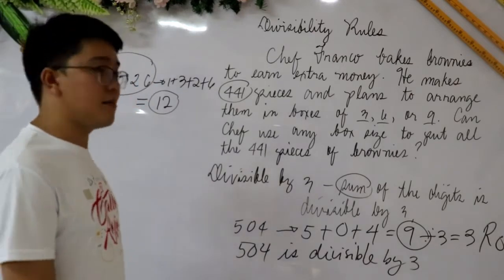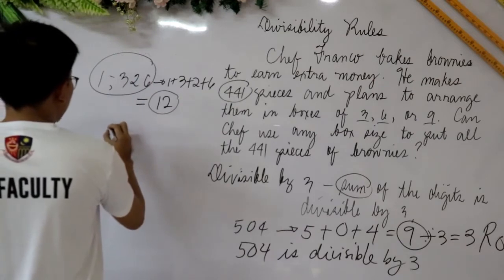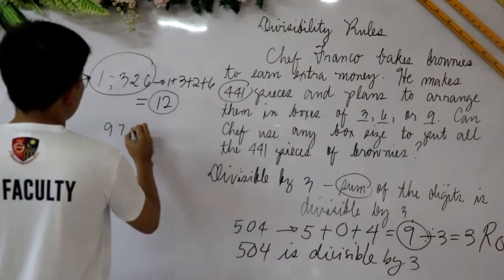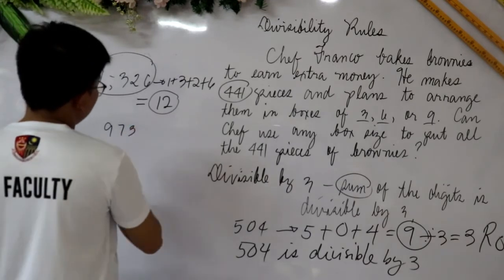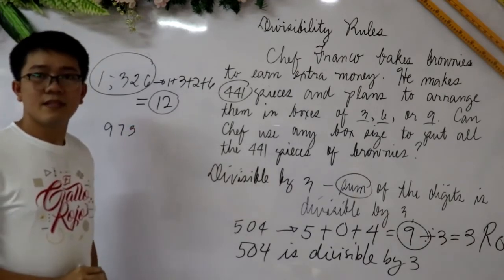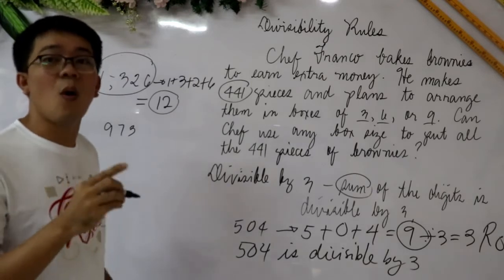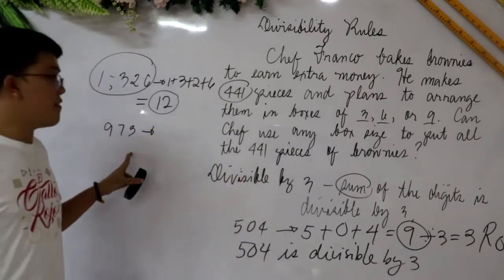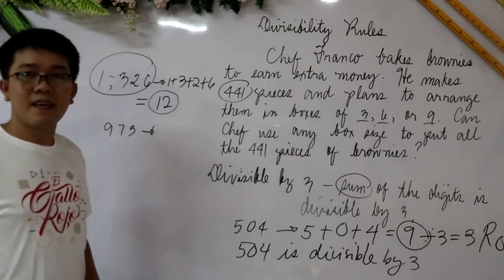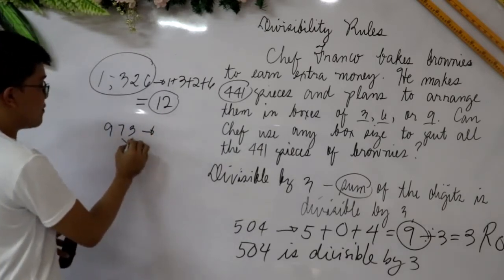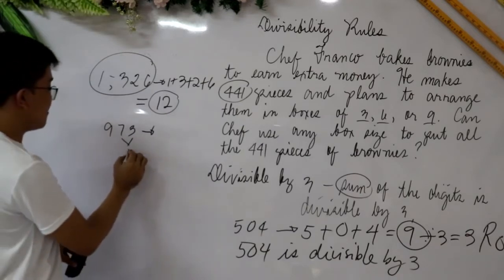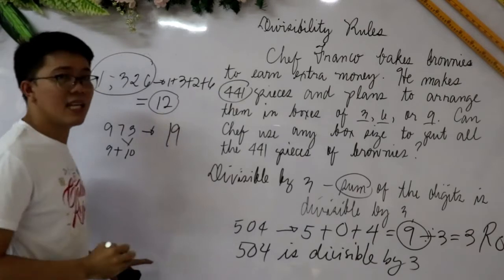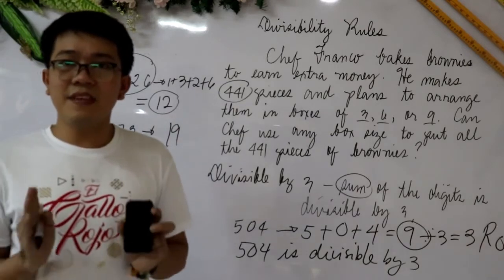Last example. I have here 973. Let's add first all the digits. What is 9 plus 7 plus 3? Yes, we add first the 7 plus 3. It's 10 plus 9. That will give us 19. Now, is 19 divisible by 3?